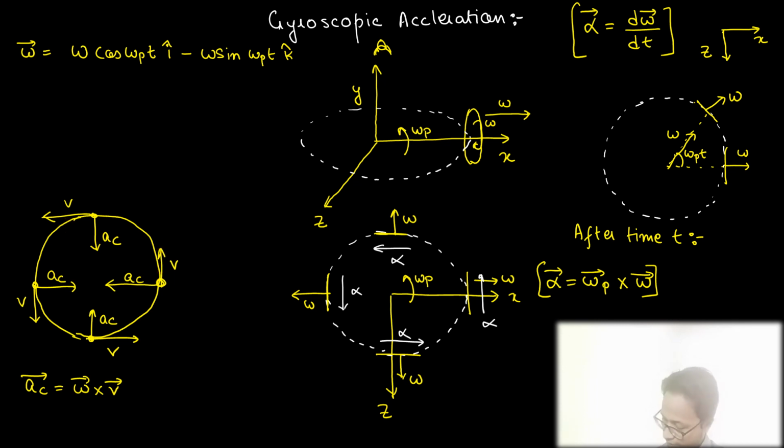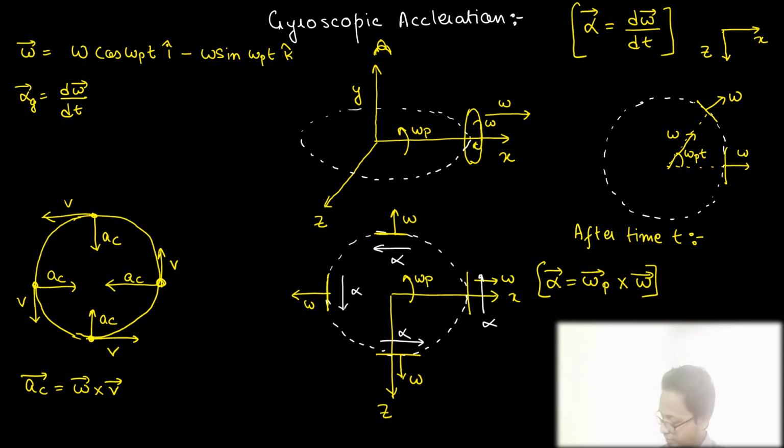And now for deriving acceleration, acceleration is equal to the rate of change of angular velocity. This acceleration out here is nothing but the gyroscopic acceleration. Why? Because I'm finding the acceleration that is causing the change in direction of this angular velocity vector.